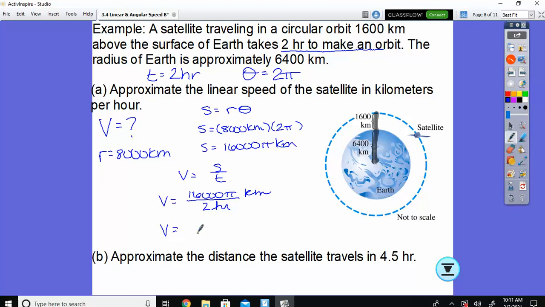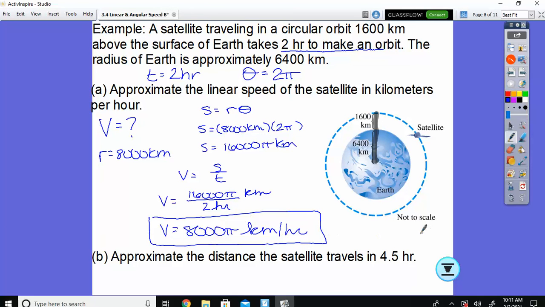So 16,000 divided by 2 is 8,000 pi kilometers per hour. There are multiple ways we could get here. That's why it is so important for you to show me your work on this. Write down what formula you're using.